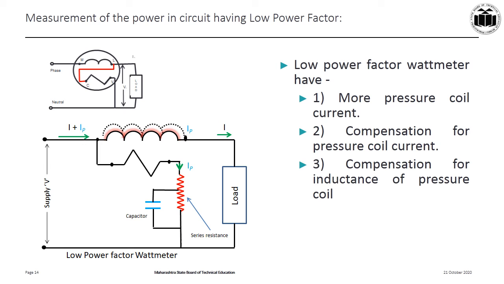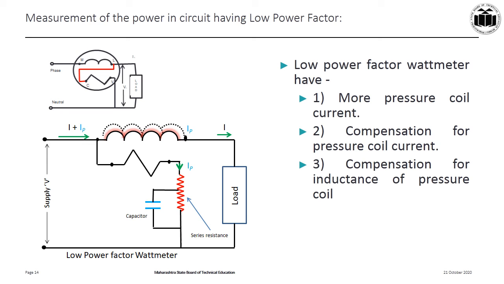Measurement of power in AC circuit having low power factor by ordinary electrodynamometer wattmeter is difficult and inaccurate because of, number 1, deflecting torque on the moving system is very small even when the current and pressure coils are fully excited. Second, errors introduced because of inductance of pressure coil tend to be large at low power factors.